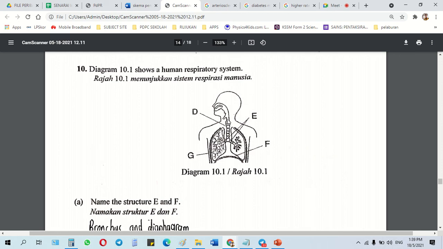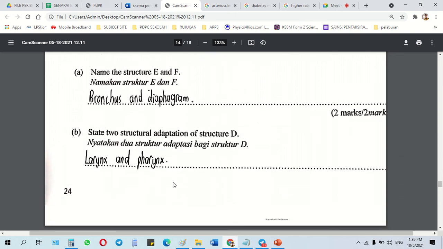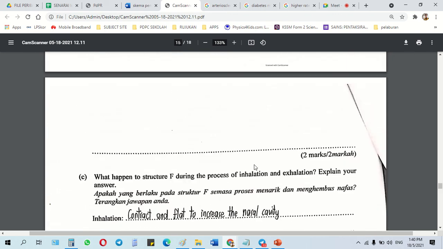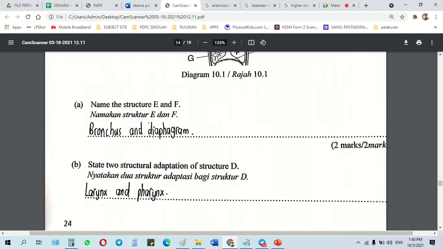Okay, and then dia ada support C-shape cartilage ring dekat area sini. Kalau you baca semula, ada C-shape cartilage and then ada cilia dekat situ. So itu adalah dia punya adaptation for D. So tu mark dekat sini jugalah. Ini Z sini kawan awak tak dapat markah ni.